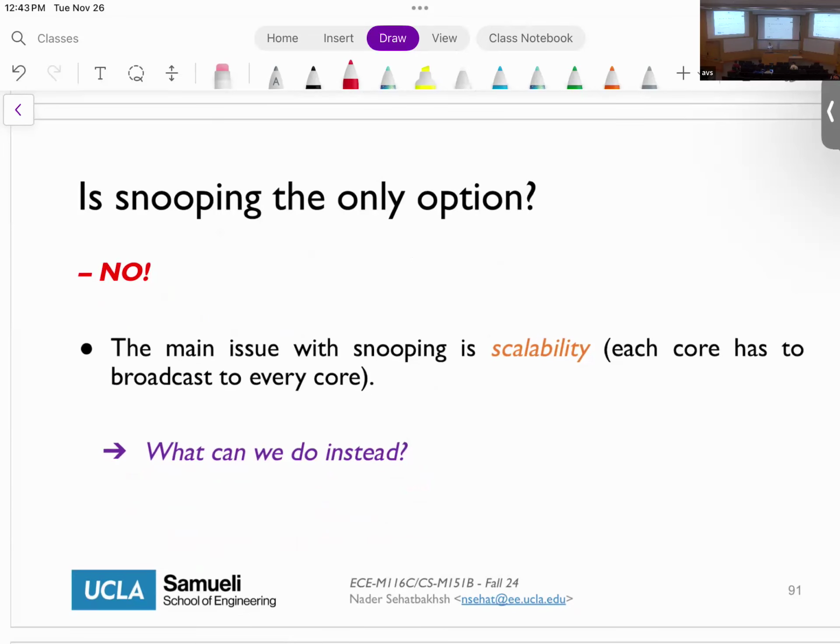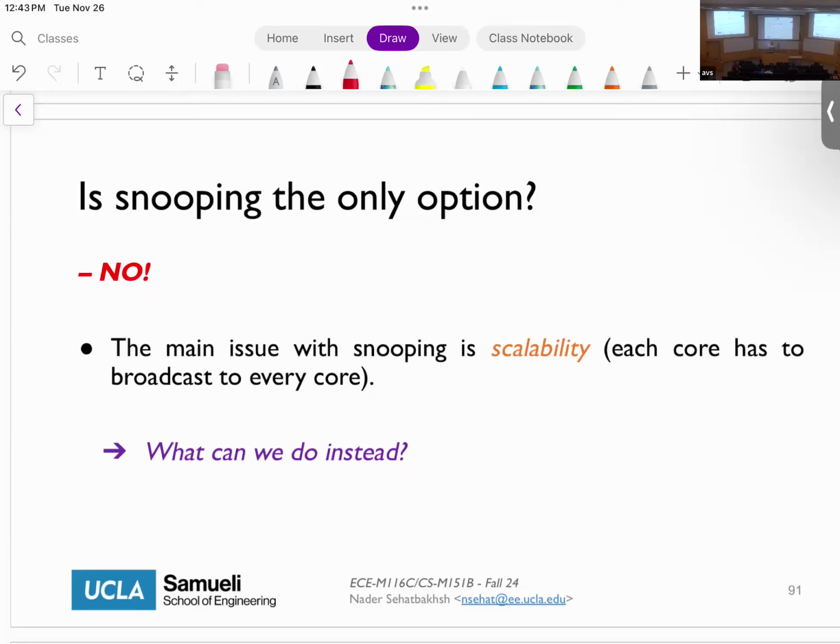Another thing is, is snooping the only and the best option? The answer is no. And the reason that snooping may not be the best option in some cases is scalability. For example, I gave you 4 cores and showed you that with 4 cores, every core needs to broadcast and other cores need to listen.